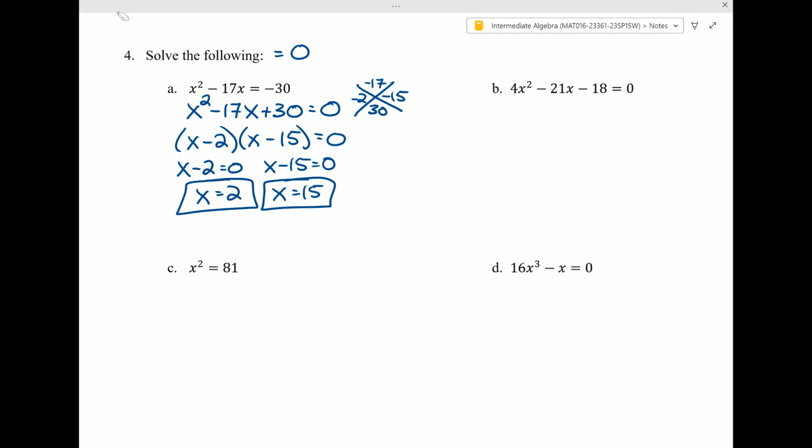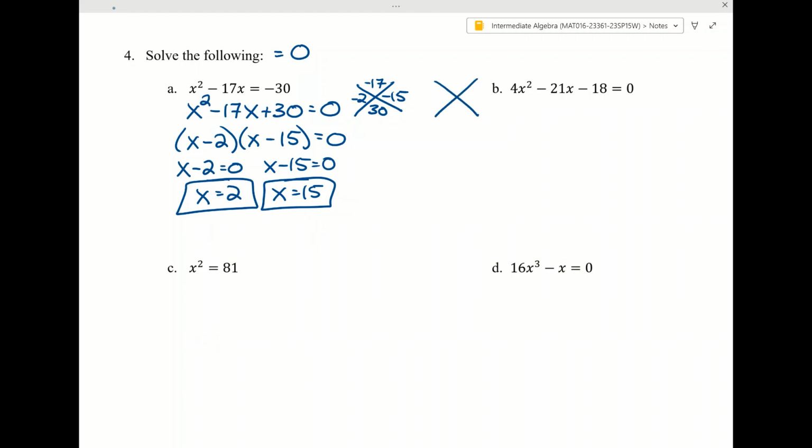For letter B, it's already equal to 0, so we could just go right into factoring.